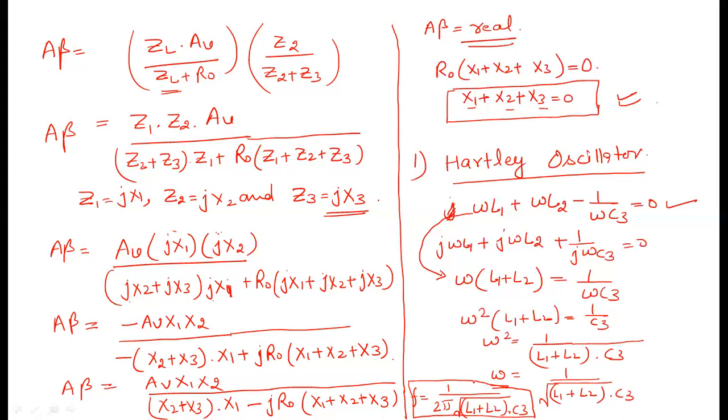Now let's calculate the frequency for the Colpitts oscillator. We have derived the expression that x1 plus x2 plus x3 is equal to 0. For the Colpitts oscillator, we have two capacitors and one inductor.